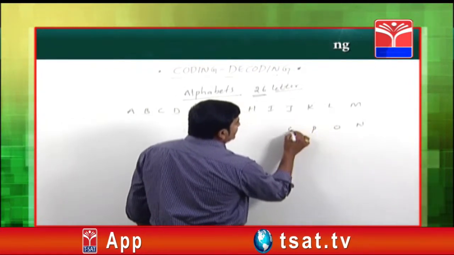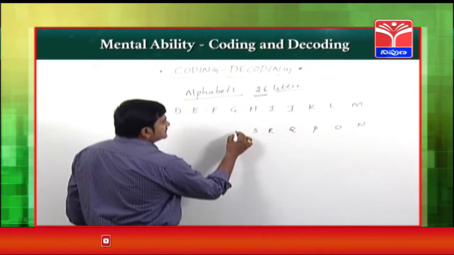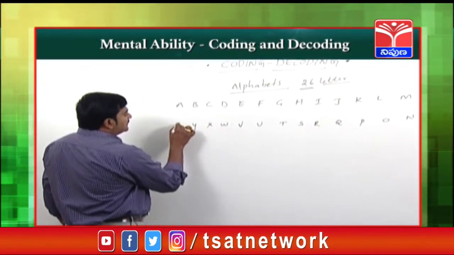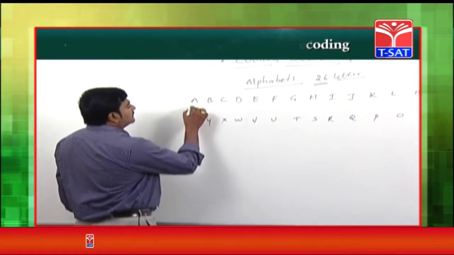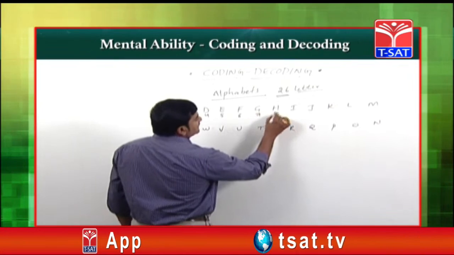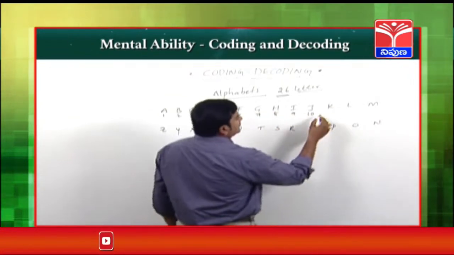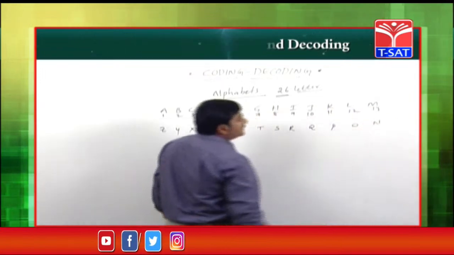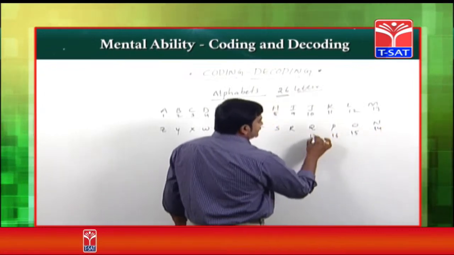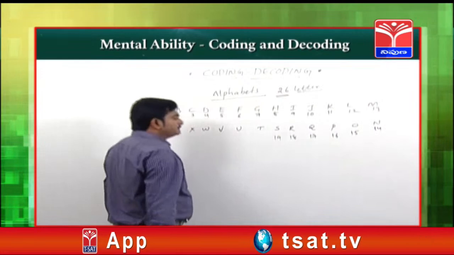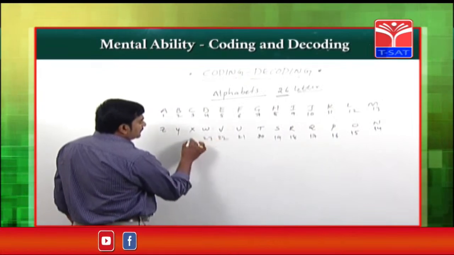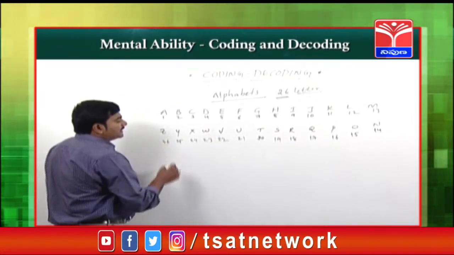N, O, P, Q, R, S, T, U, V, W, X, Y, Z. And its corresponding numbers are 1, 2, 3, 4, 5, 6, 7, 8, 9, 10, 11, 12, 13, and in the second row 14, 15, 16, 17, 18, 19, 20, 21, 22, 23, 24, 25, and 26.